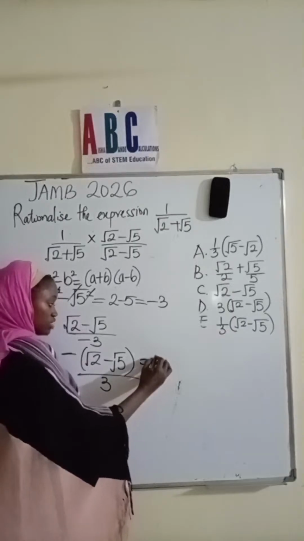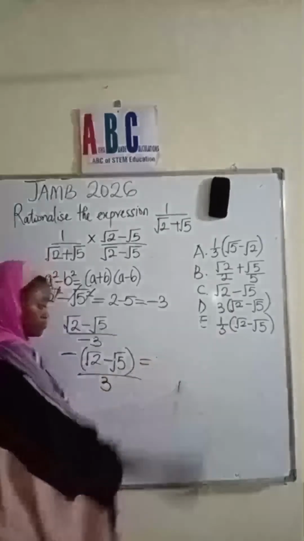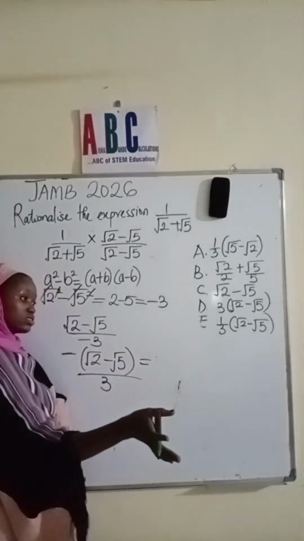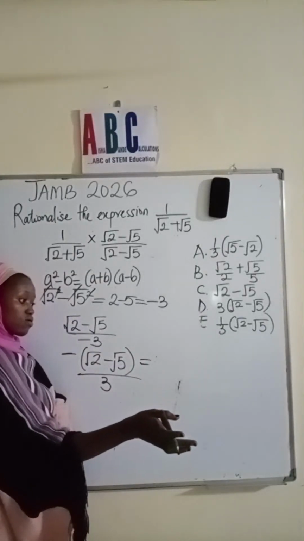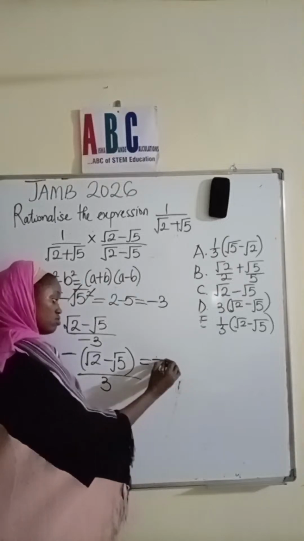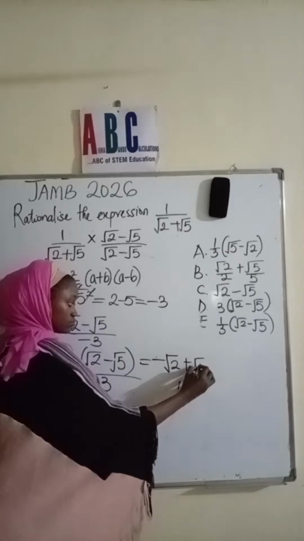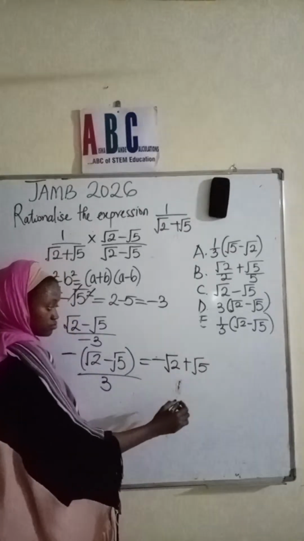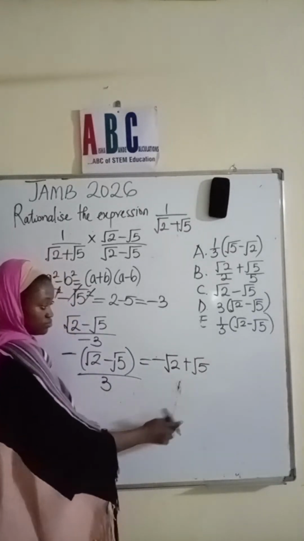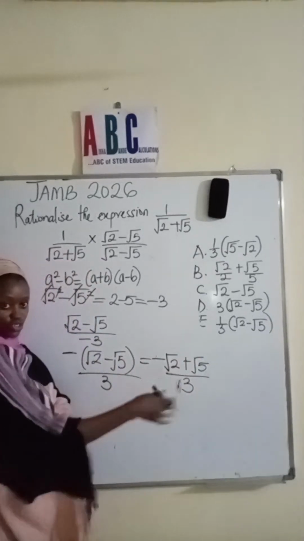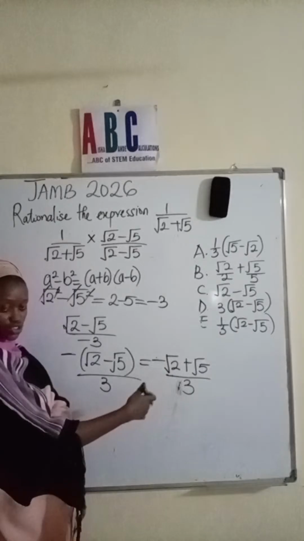Okay. So that means what you're saying now is, you are removing the bracket, right? Minus root 2 plus root 5, right? Over 3. So now we can rearrange.